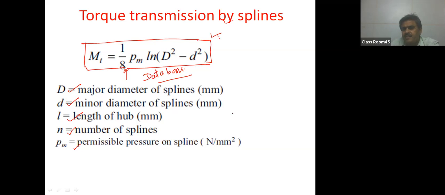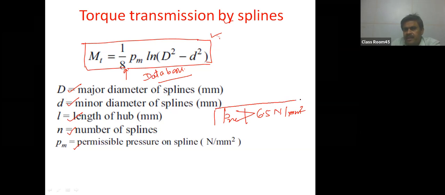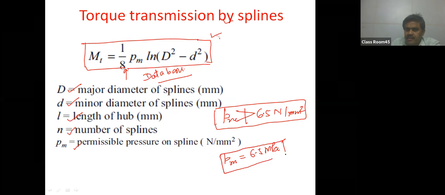And this pressure should not be greater than 6.5 Newton per mm square. So sometimes if the pressure is not given in the question, then we can assume Pm equal to 6.5 megapascal. We can take this assumption if it is not mentioned in the question, and we can proceed with the question. So the formula is derived.